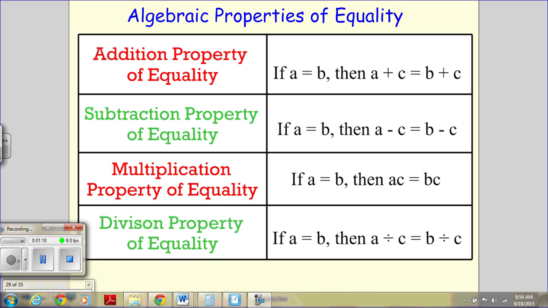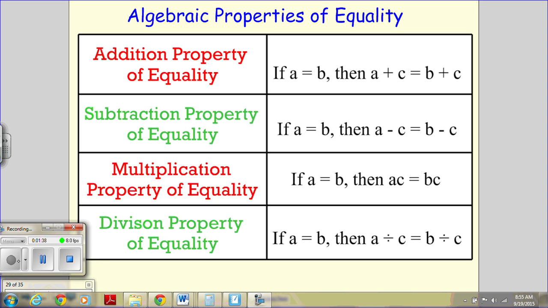Now, the next four properties we've used over and over again in algebra, but you might not have known they had a specific name or that you were actually using them. Anytime you add the same value to both sides of the equation, you're using the addition property of equality.